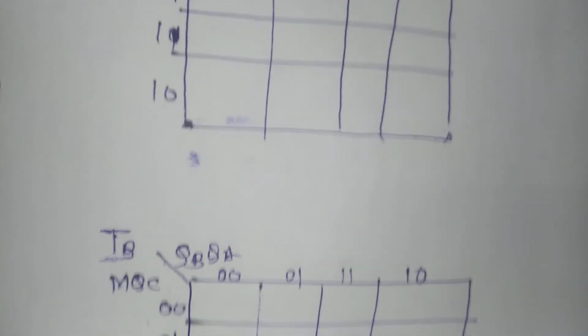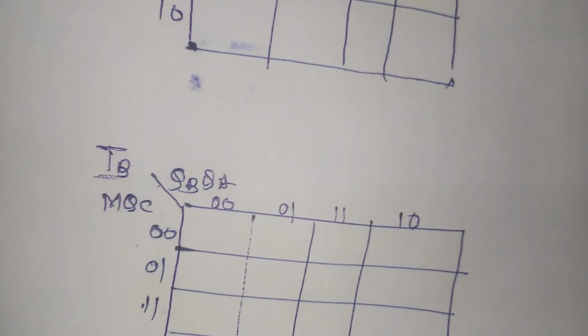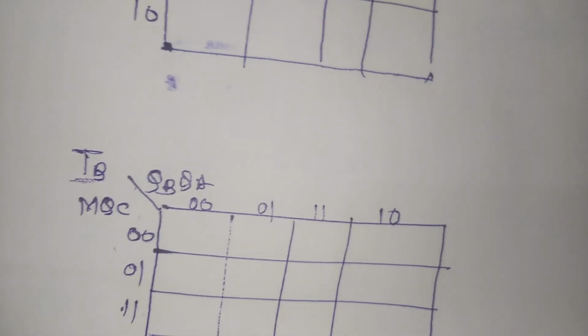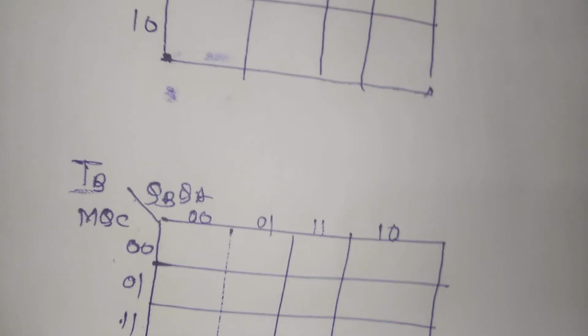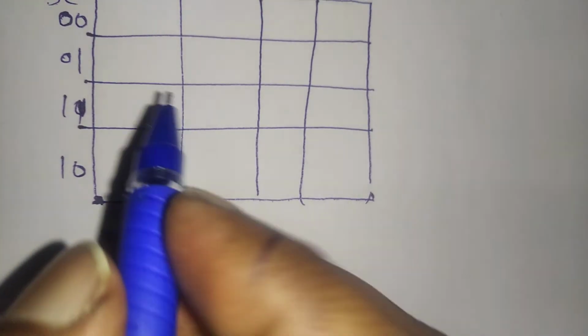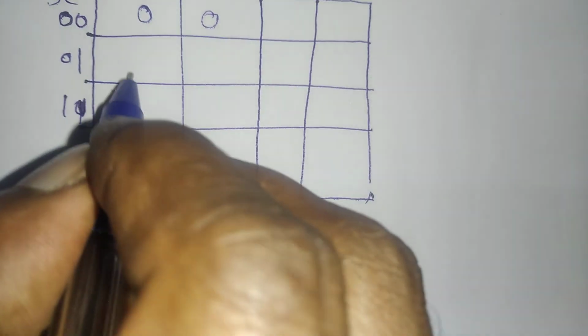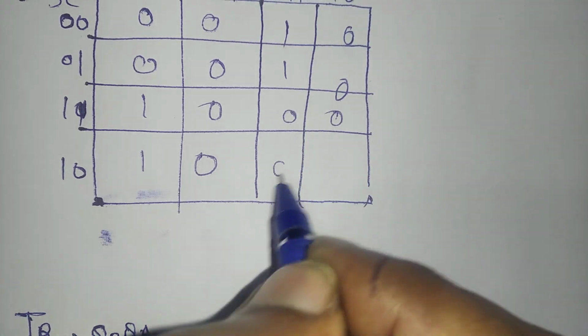Now I am going to insert the values into the K-map. So values, you can use that table.